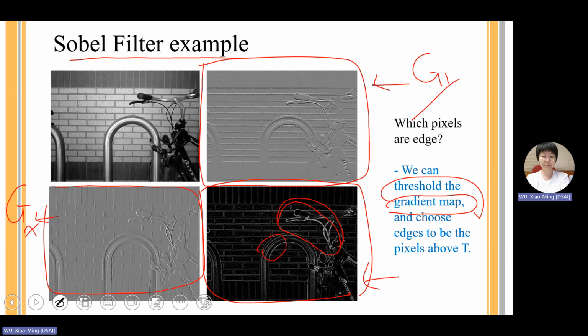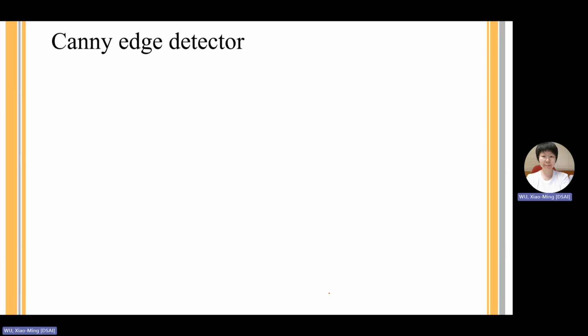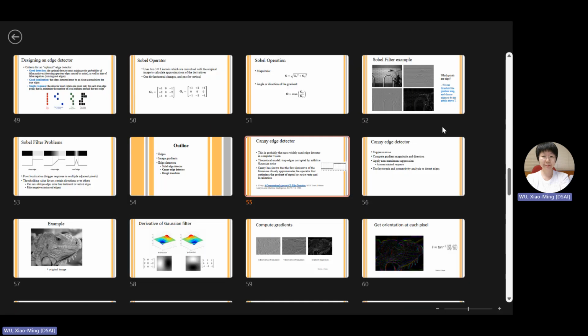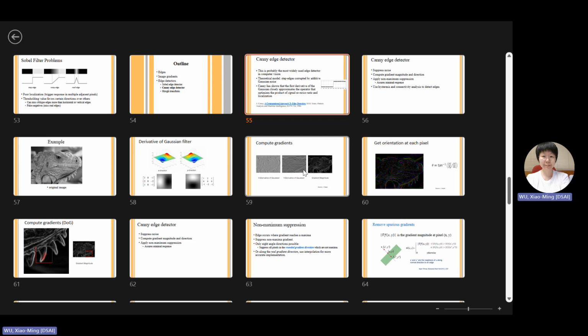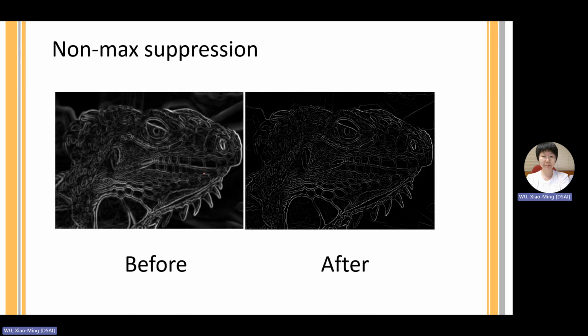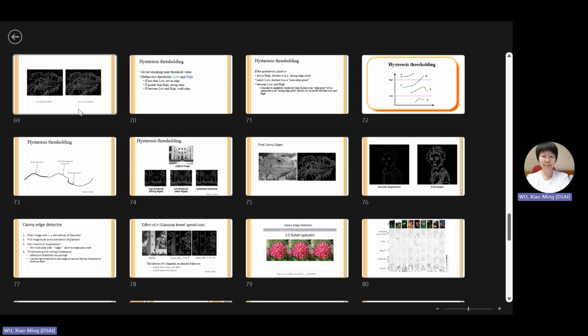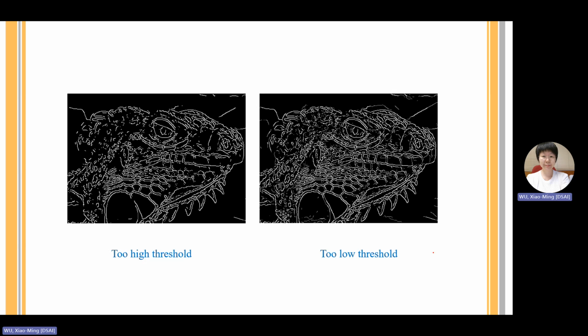And those are likely to be the edges if we threshold them. Okay, so normally, that's the result we get. We have a gradient magnitude map, and then we set some threshold.